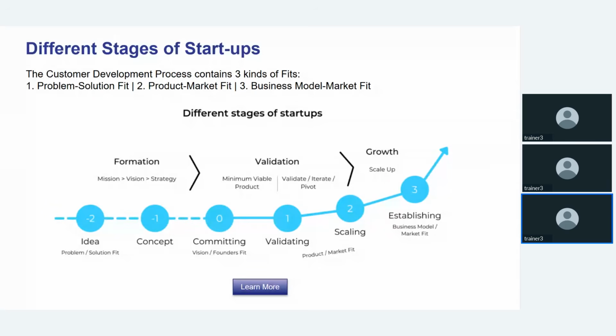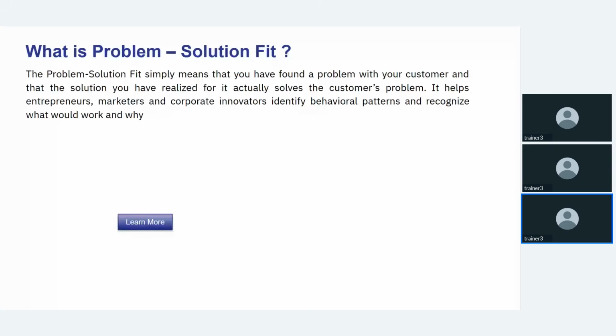The stages are concept, committing, validating, scaling, and establishing, and we'll discuss what each is. Every phase you update, you will see growth in the validation and formation stages. So what is a problem, and how do we fit the solution? This is what we are going to discuss.